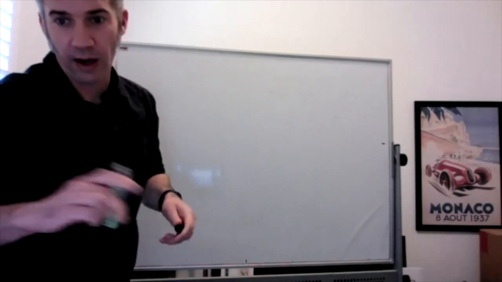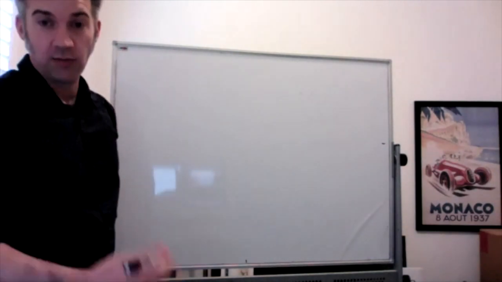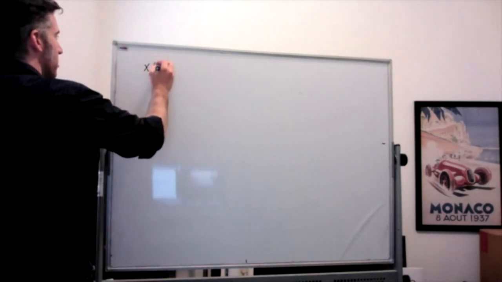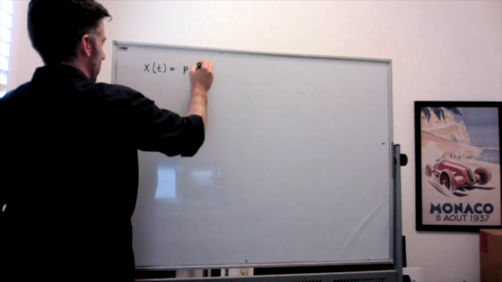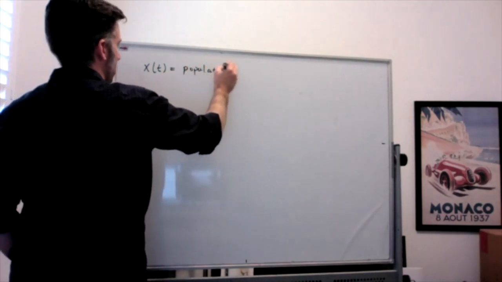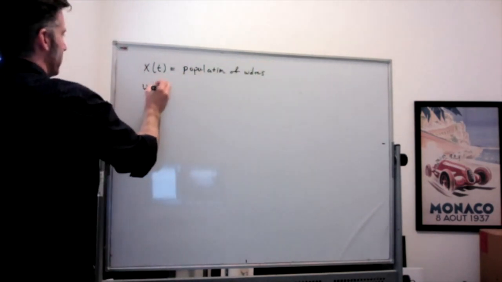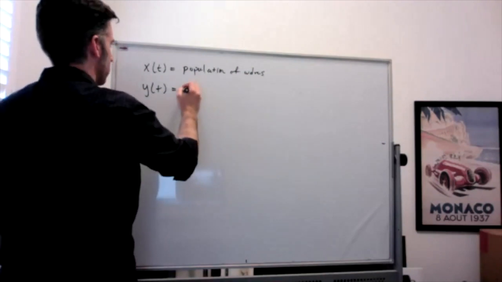So here's what we've got. Let's try and think of this as an actual model of something. Let's say that x of t is the population of a predator, say wolves, and y of t is the population of prey, say deer.